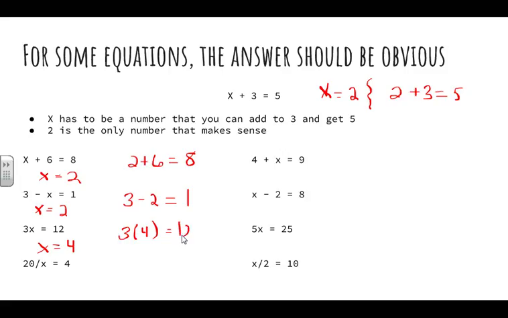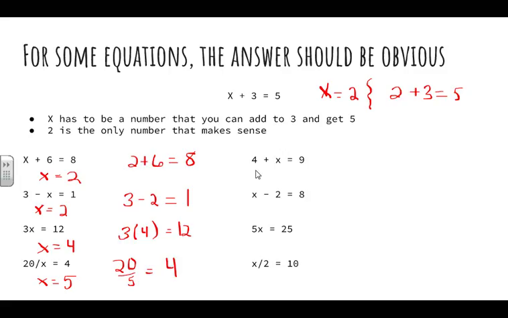That's a true statement. All right. 20 divided by x equals 4. The only value for x that would make that true is 5. To check that, 20 divided by 5 does equal 4. Yes, it certainly does.